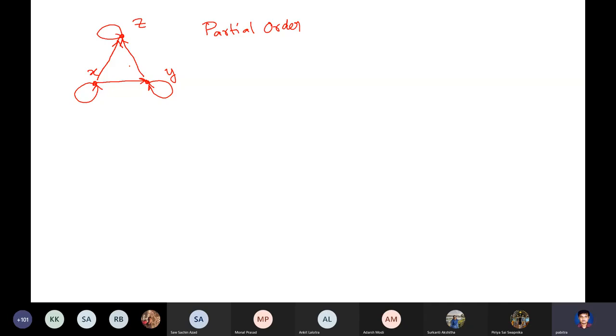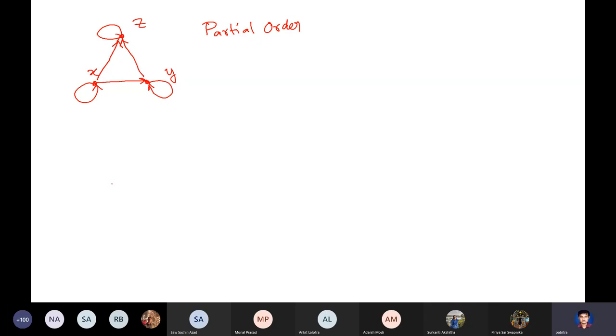This means if I arrange X, Y, and Z geometrically, if I place them in a particular order, the arrows are only in one direction. There is no back arrow. The arrows can all be aligned in one direction.